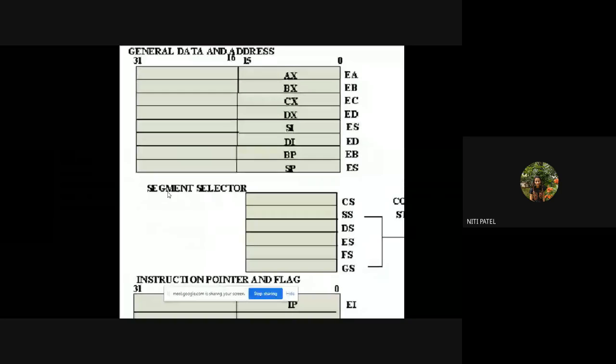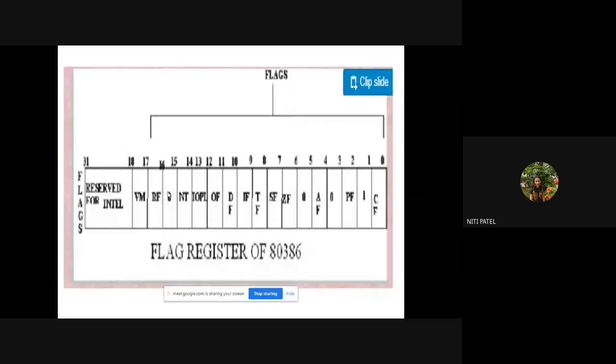Now we have it at 32 bits with the extended IP in 80386. The functions and all will remain the same. Is this understood to you? Yes, ma'am. Everybody, girls? Yes, ma'am.